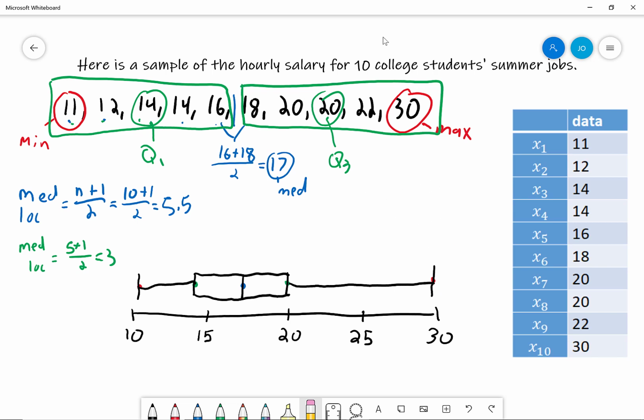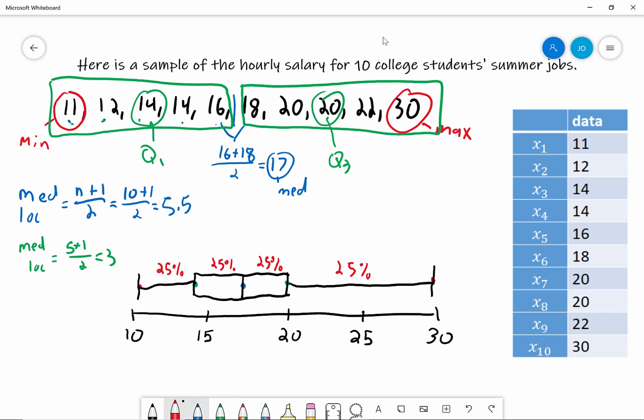So let's look at some of the elements of this box plot. Each little section is comprised of roughly 25% of observations. So all of these little sections contain 25% of observations.